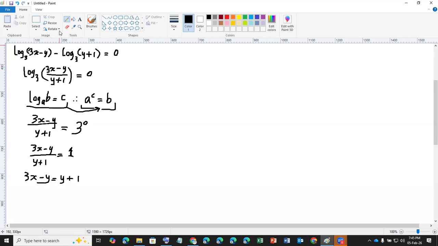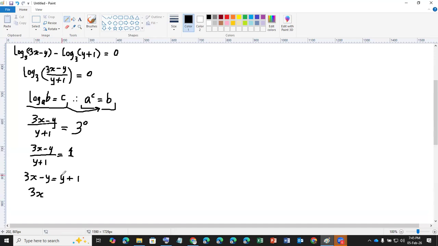The aim is just to make it look as simple as possible, because I've already seen this kind of continuous equation. So what will we do now? We'll bring the y to the side where x is so that they sit nicely beside each other.